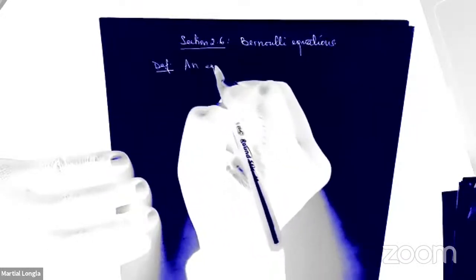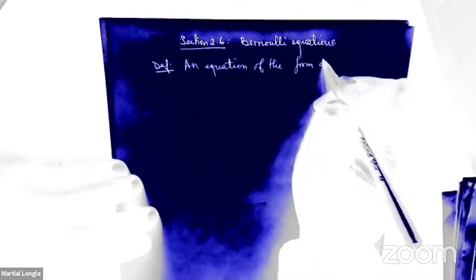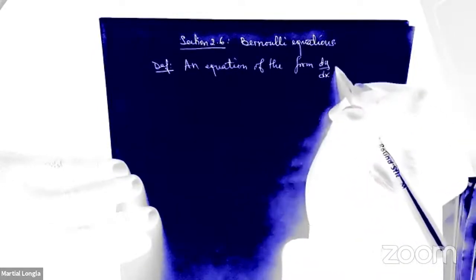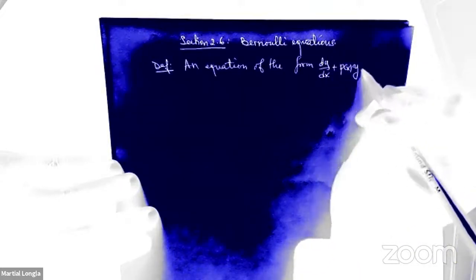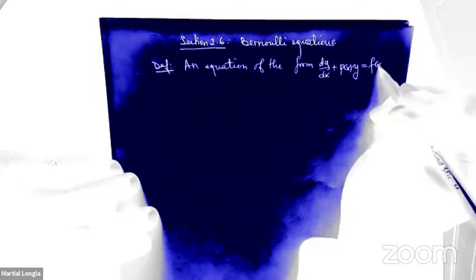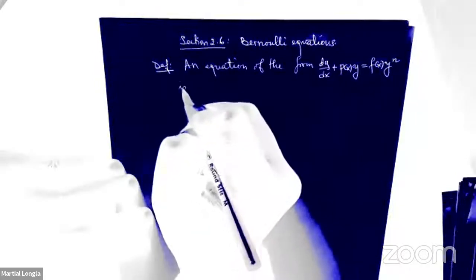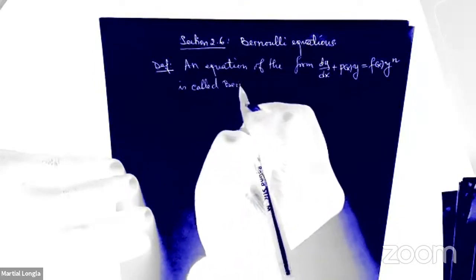So we say an equation of the form dy/dx + p(x) y = f(x) yⁿ is called a Bernoulli equation.